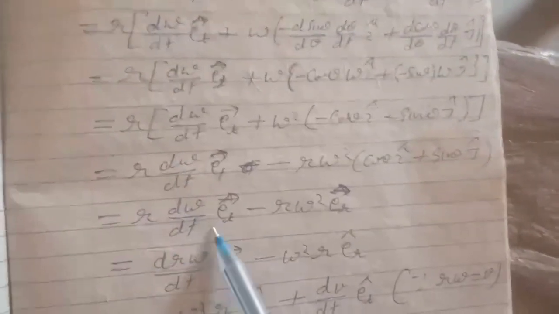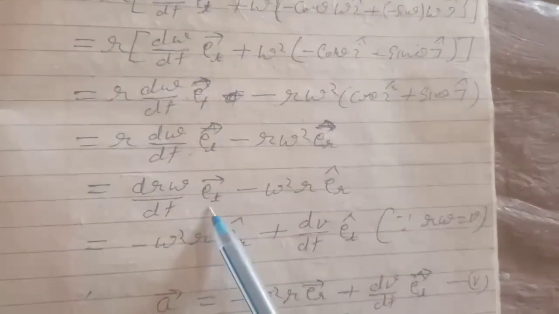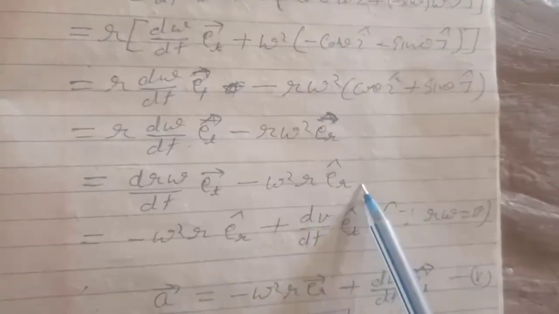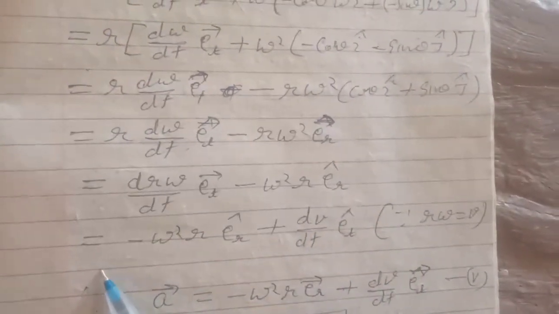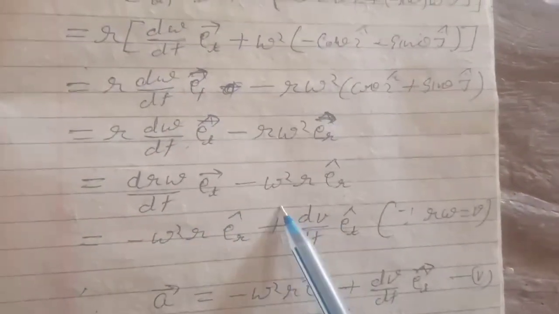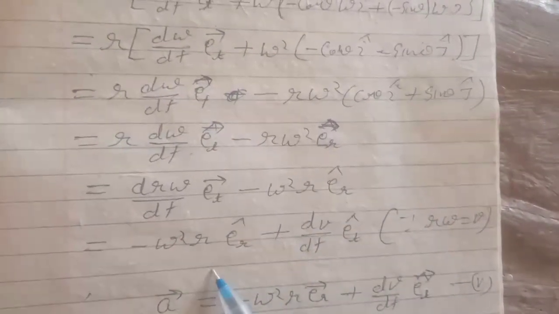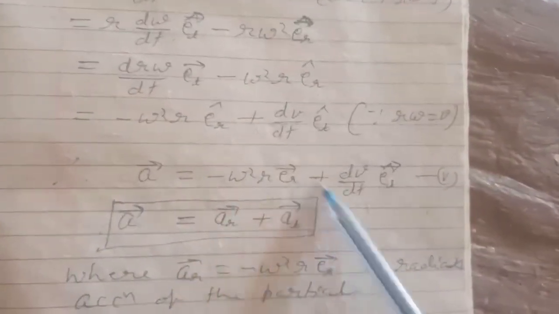So we can write r d omega by dt et cap minus r omega square er cap, or minus omega square r er cap plus dv by dt et cap, because r omega is equal to v. So we have a vector equals minus omega square r er cap plus dv by dt et cap.